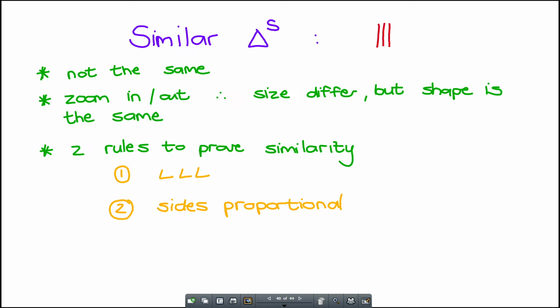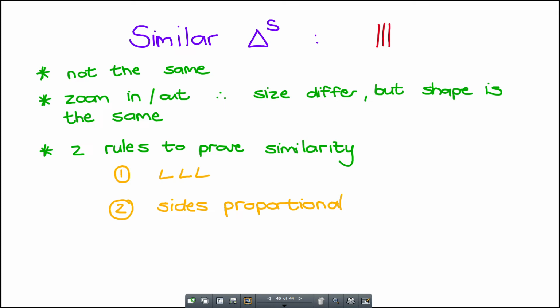So you will see here, they are not exactly the same, but they are similar. First things first, the sign that we use: at congruency, it was 3 stripes like this. So for similar, it's going to be 3 stripes like that. Now, these similar triangles are not the same, but there is something that is the same for both those triangles.